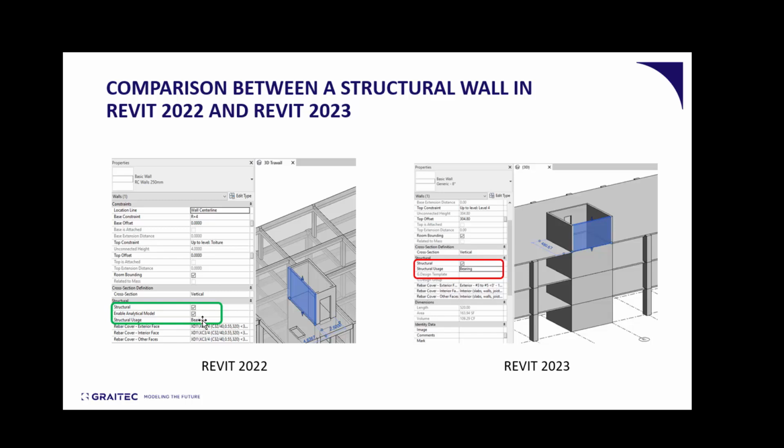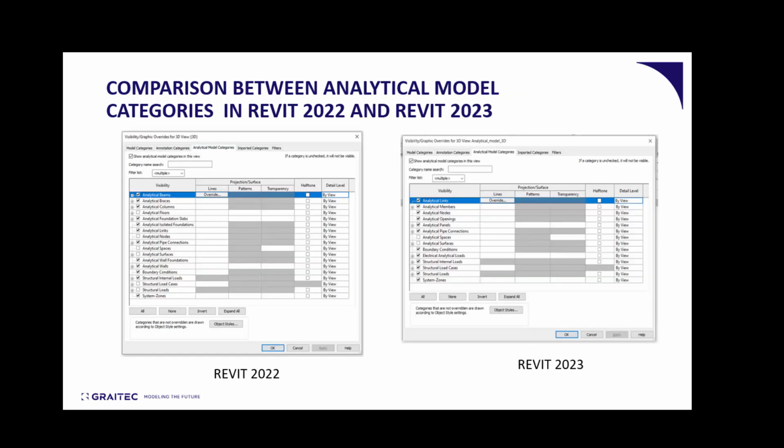This is not allowed by the software. And if we look at the visibility graphics, we can see that the term analytical wall doesn't exist anymore. It has been replaced by panel.